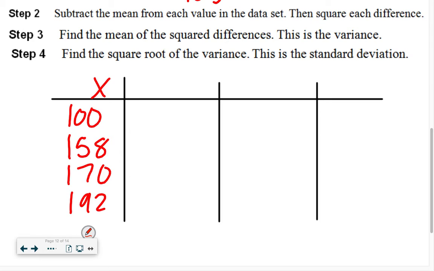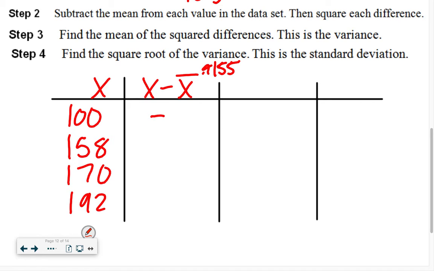Second step. All we do is take each X value and subtract it from the mean we found. So our X bar, if you want to write it next to it, is 155. If I take 100 minus 155, what do I get?